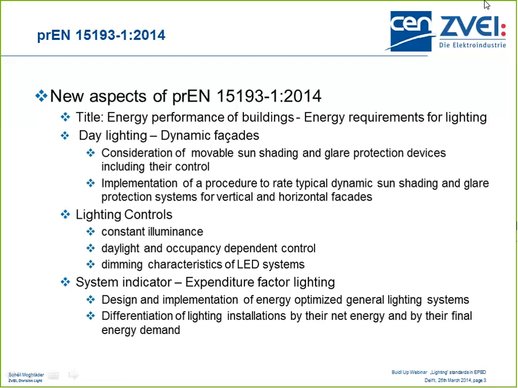And there we have the movable sun shading and glare protection devices, and especially their control that must be taken into consideration. So we have an implementation of a procedure to rate typical dynamic sun shading and glare protection systems for vertical and horizontal facades, and this is quite a complex thing which has to be taken into consideration.